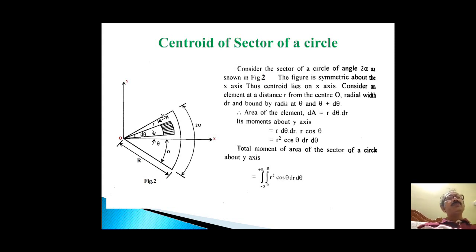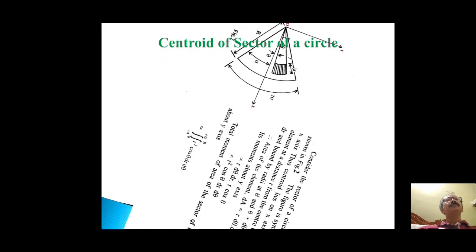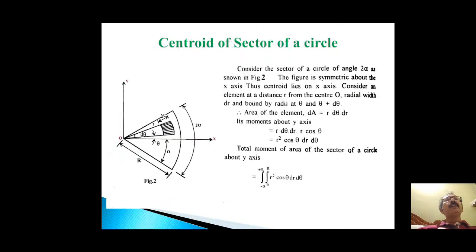Now, from the previous problem, we calculate the total moment of area of this sector of the circle about the y-axis. It is nothing but the integration from minus alpha to plus alpha and 0 to r, because these two are the variables, one is alpha and the other is 0 to r, of r square cos theta dr d theta.